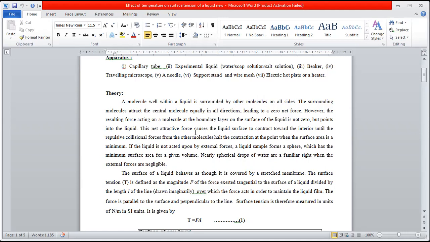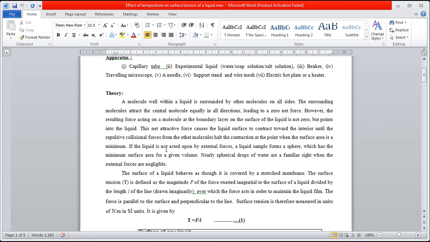This net force causes the liquid surface to contract toward the interior until the repulsive collision force from the other molecules halts the contraction, at the point when the surface area is a minimum.